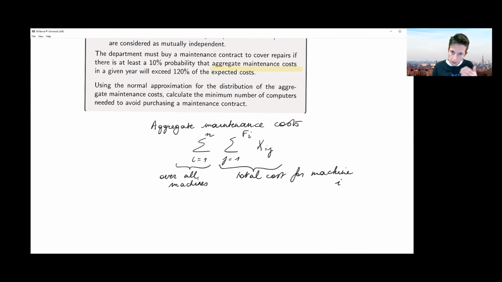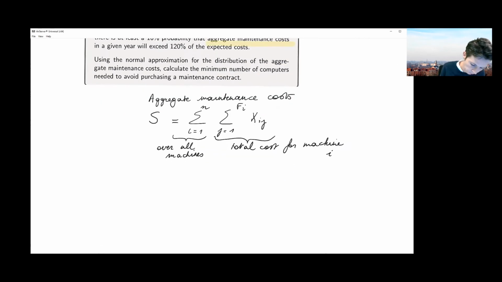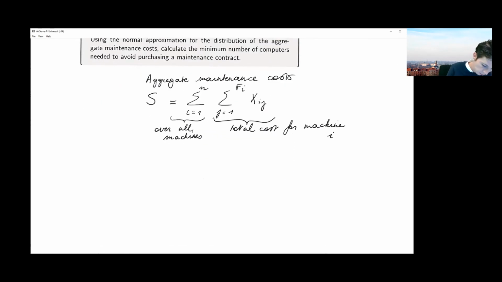Now, what can we say about the expected value of this aggregate maintenance cost, and what can we say about its variance? This is my S, and I'm going to work with this S. Think about the expected cost, for example, in a first step. So what can we do now? We can look at the expected value of S. We have these independence assumptions, so of course we're going to rely on that.